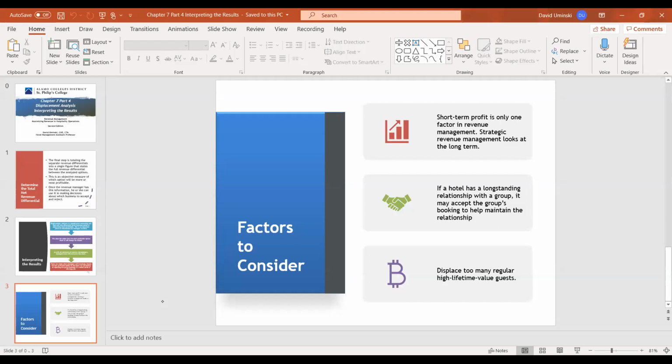Any questions, comments, concerns overall for chapter 7? Because what's going to happen next is next week we'll start chapter 8. And we'll go over the final results for the displacement analysis in the parts 3 and 4 quiz.